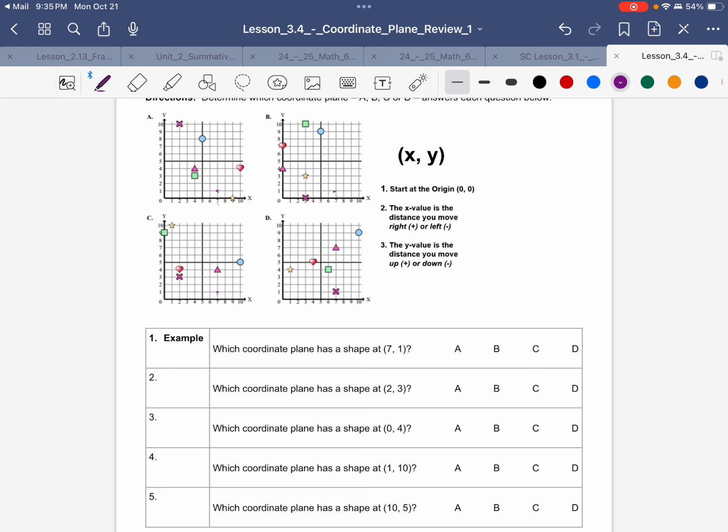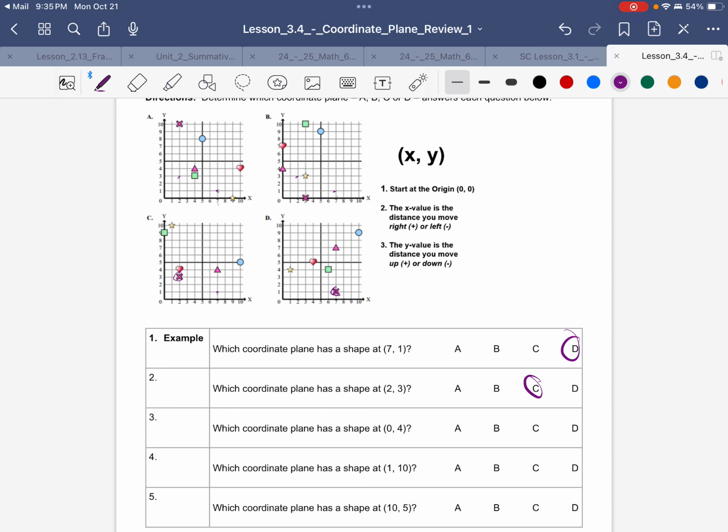All right, so D has one at 7, 1, because it's right here, this little X. You see that X right there? Okay, which coordinate plane has a shape at 2, 3? He has one here. D does not. So C definitely has one at 2, 3. Nothing there in A.